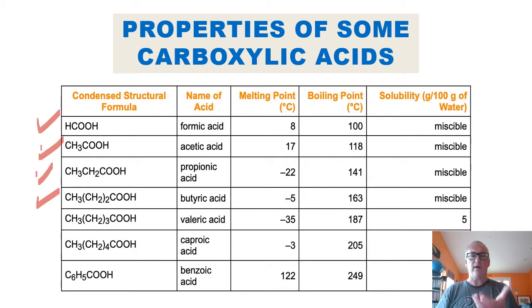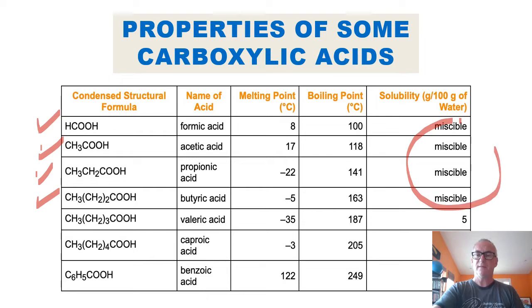They all boil at very high temperatures, higher than water, with the exception of formic acid. And they're all tremendously soluble. When you see something called miscible, that means that any ratio of that compound and water are soluble. So I can have 5% formic acid, I can have 95% formic acid. They're both super, super soluble.